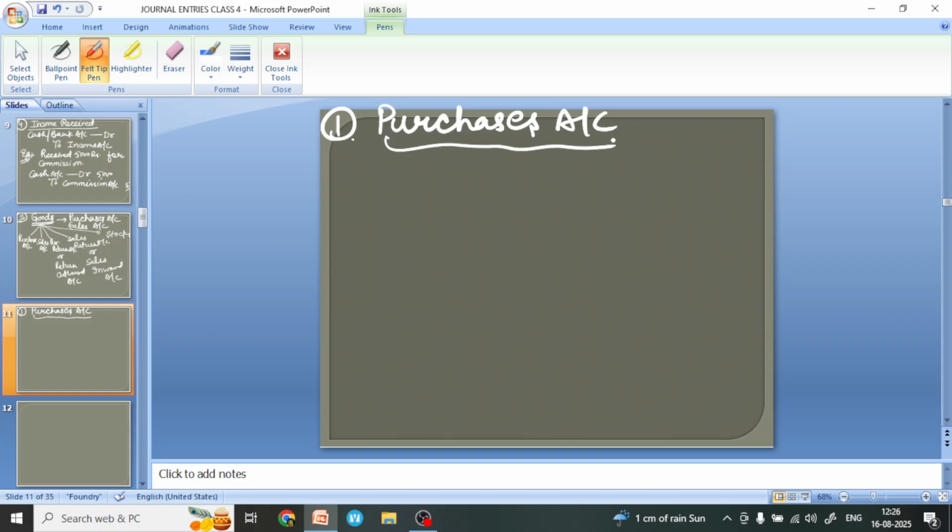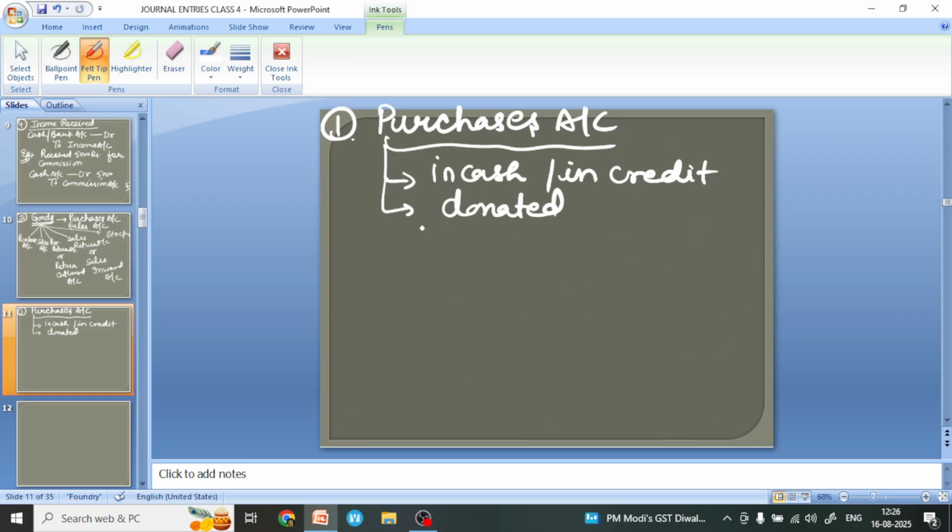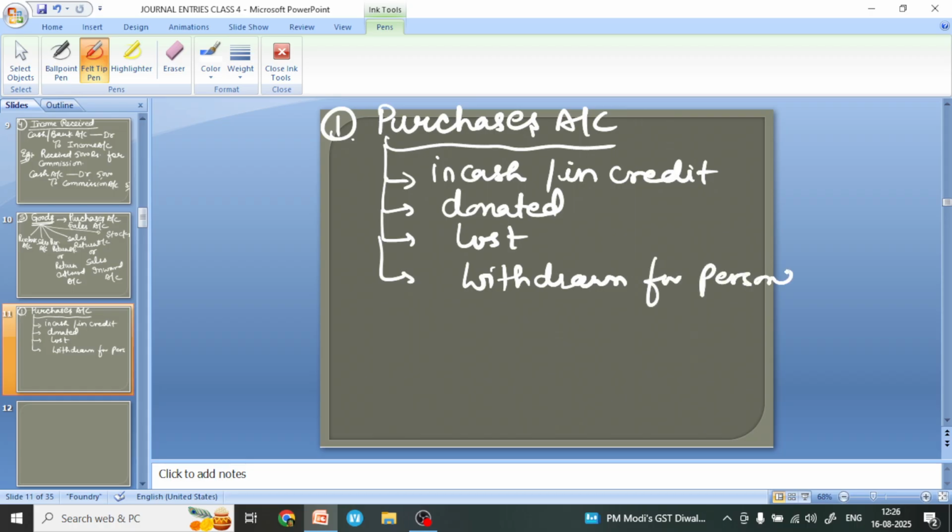When goods are purchased in cash or credit, donated, lost, or withdrawn for personal use, in all these cases goods are denoted as purchases account.